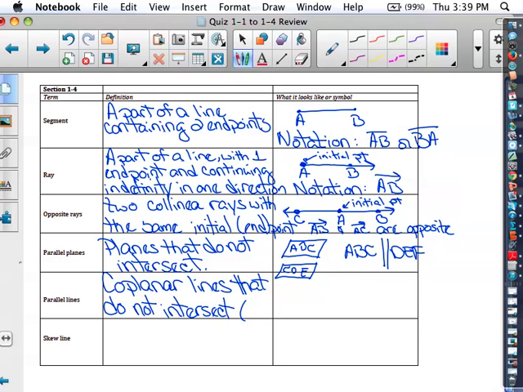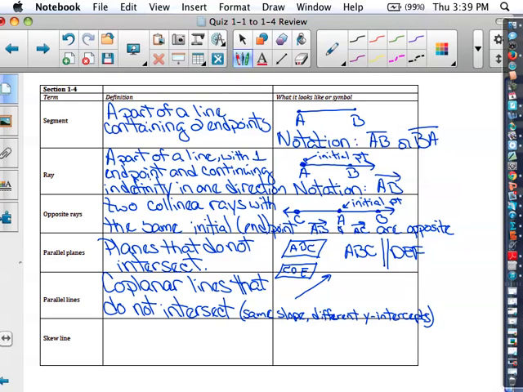Remember, parallel lines have the same slope, but different y-intercepts. Which will become increasingly important that we're aware of that.